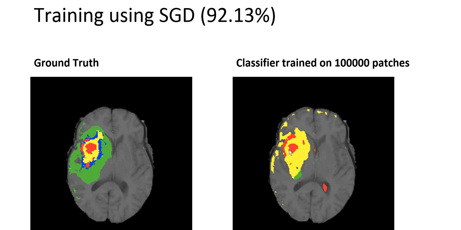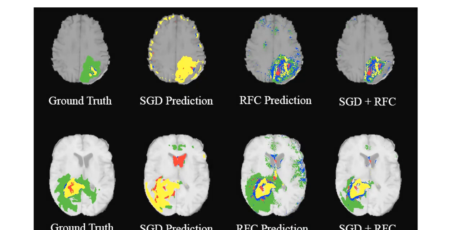And SGD on the other hand had the most promising result for the location. So what we did was we combined SGD and RFC, that is we used the location produced by SGD and the type of tumor produced by RFC, and then we overlaid them on one another so as to get an accuracy of as good as 97%.